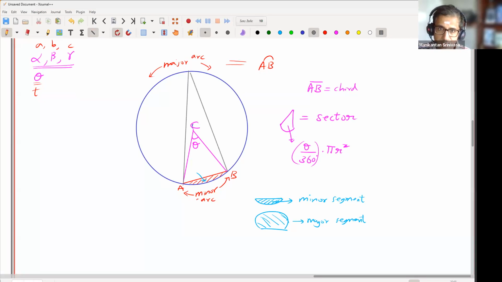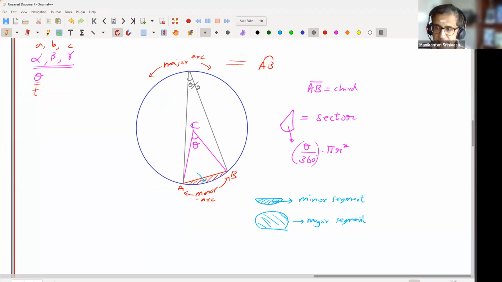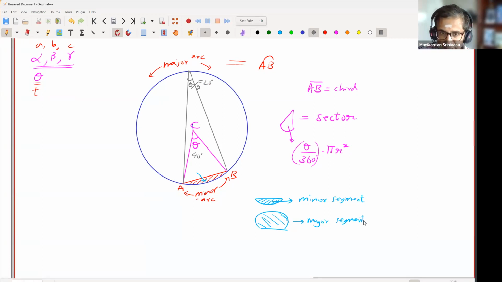So this angle at the top will be half of theta. For example, let's say this is 40 degrees, then this will be 20 degrees. Okay, now let's quickly derive why this comes from.